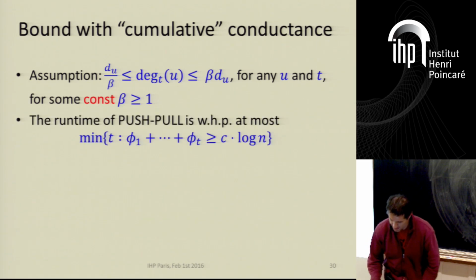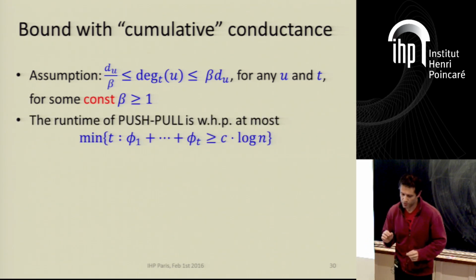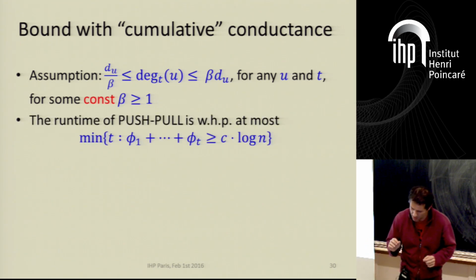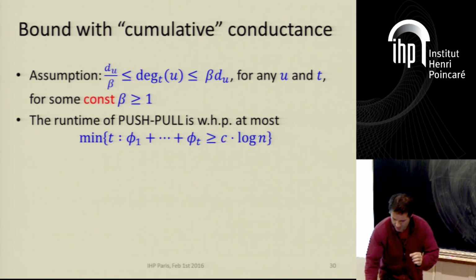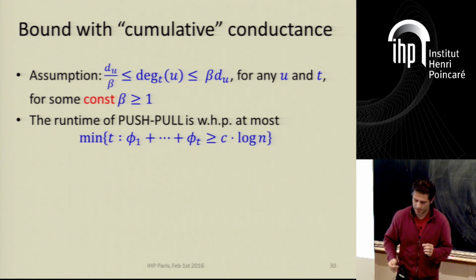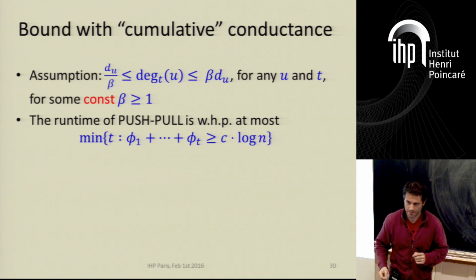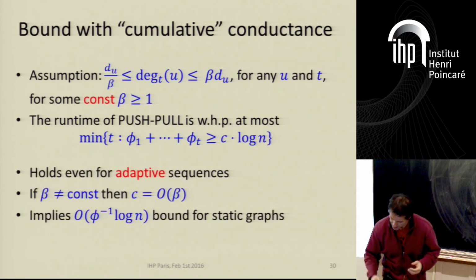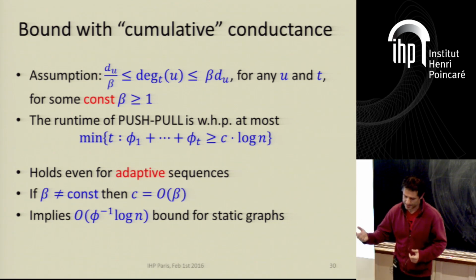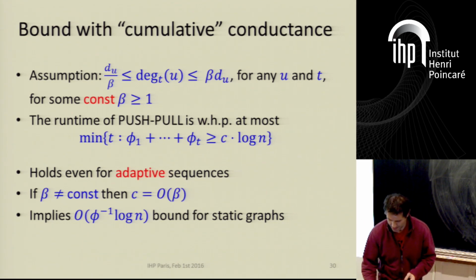So if this is the case, then the running time of push-pull is with high probability at most the smallest t such that the sum of the conductances of the first t graphs is of order c log n for some constant c. Okay. And this holds even for adaptively determined sequences. If beta is not a constant, then c is a function of beta, at most a linear one.